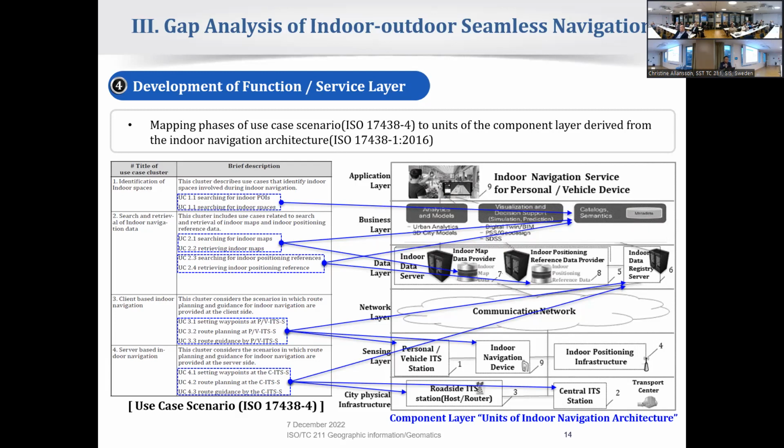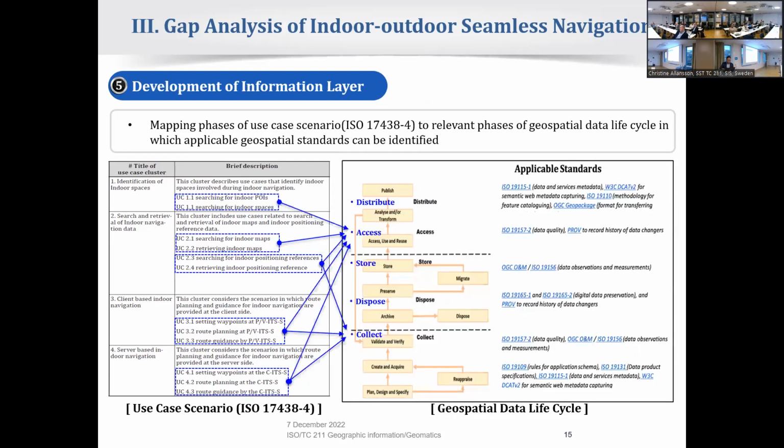Each of those arrows represents something that needs to be done in terms of standardization. The way that we try to use this is to see if there is any existing standard to satisfy these requirements, or if not, then there's a need for a set of standards to do that.